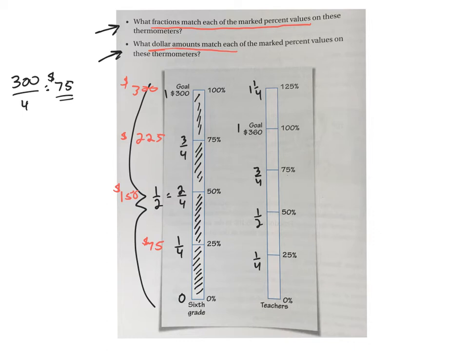Okay? And then the same thing over here for the teachers. If we do 360 divided by 4, we say 1/4 would be $90, right? 1/2 would be 180, right? 3/4 would be 270, and then 1 whole would be 360, and then 360 plus another 90 would give you 450.